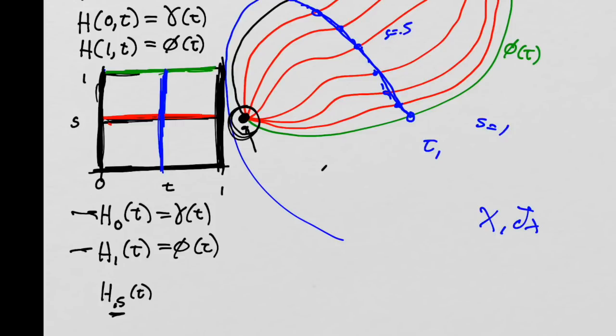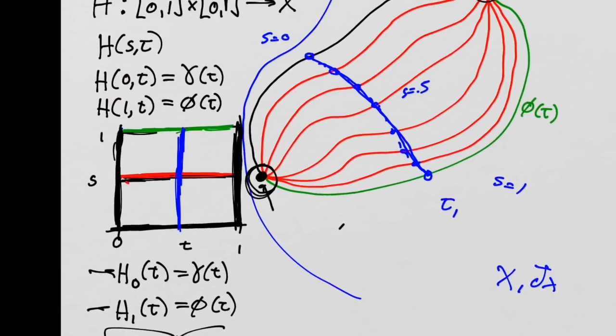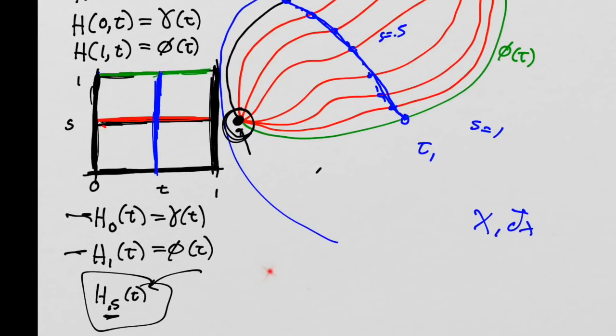But it gives you a little bit of a feel that you're now dealing with a path because you only have one parameter there. You've taken the s parameter. I guess I should write it out here. You take h of s of t, and you write it instead h sub s of t. And this looks more like a path.